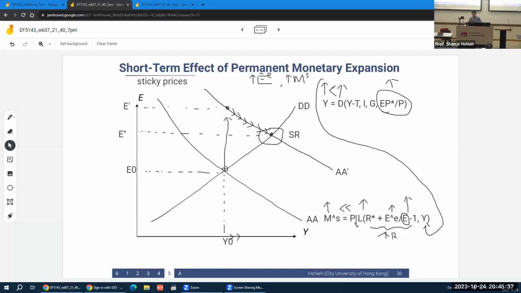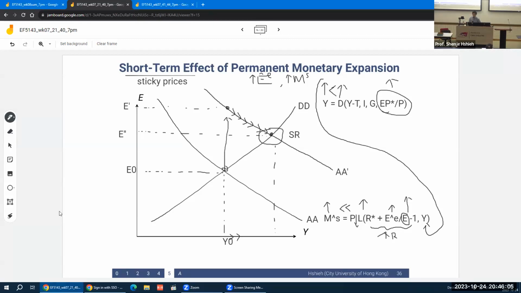So short-term effects of permanent monetary policy, just to recap, is precisely the same kind of analysis you did with the temporary case. The only difference now is that you have two things moving: money supply, as well as expectations of the future spot exchange rate. With those in place, you have an amplified effect on the spot exchange rate. It's more depreciated, in which case you will get an amplified output effect.